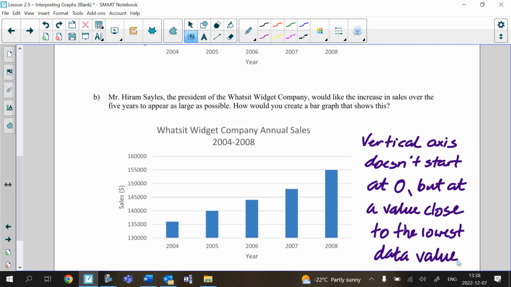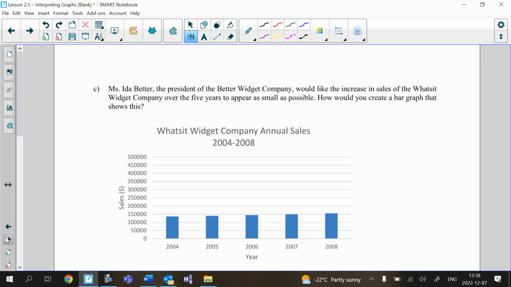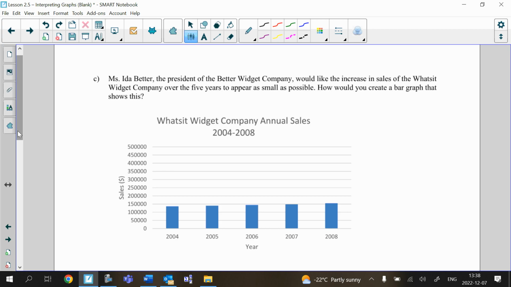But what if the president of a different widget company has to do a presentation on their sales, as well as the sales of other widget companies that they compete with, and they want to make the What's It widget company's increase look as small as possible, almost like it's not even increasing at all.